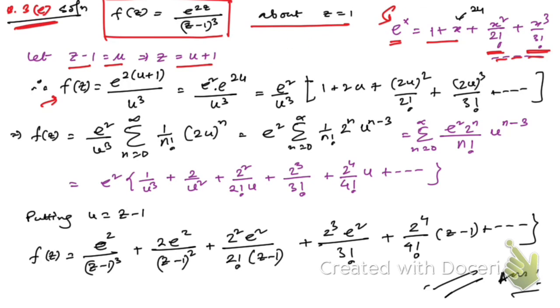Then let us expand this part using this result. So we have got this, right? Now here you see what we can do. This part within the bracket can be written using summation, from n is equal to 0 to infinity, 1 by n factorial, (2u) to the power n.